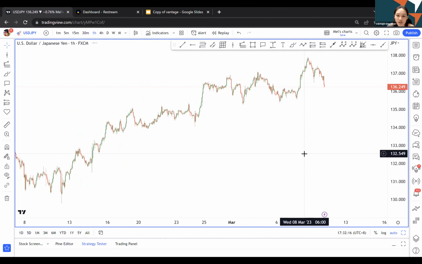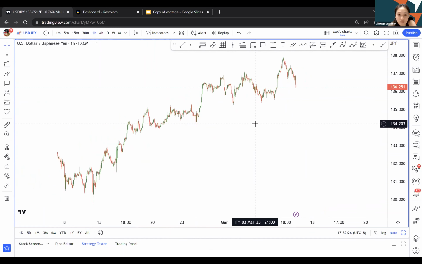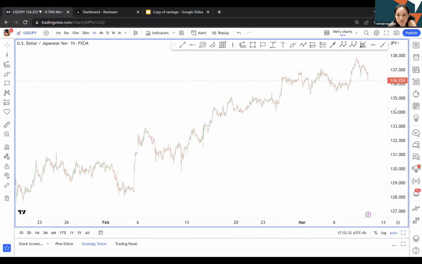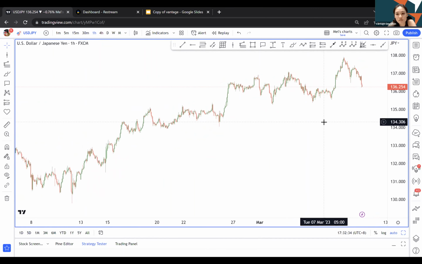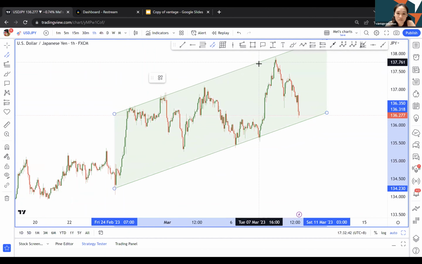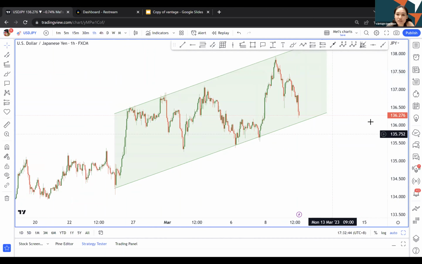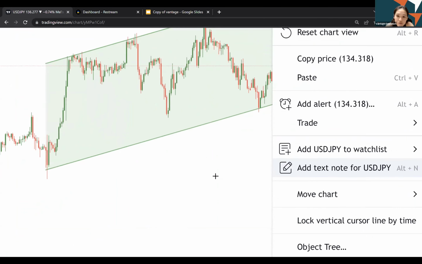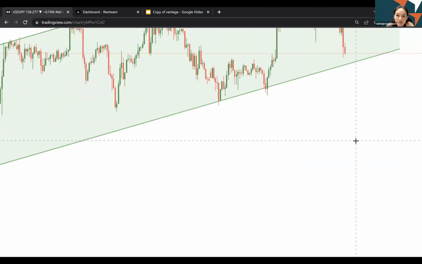Okay, so let's analyze on our 1 hour time frame. Price is currently moving in an ascending trend channel. We also have an ascending trend line.